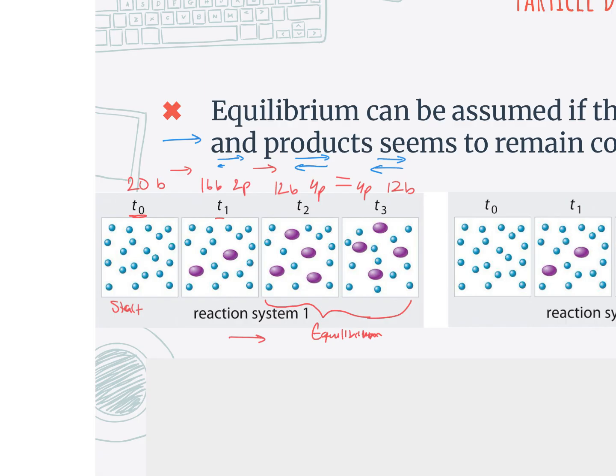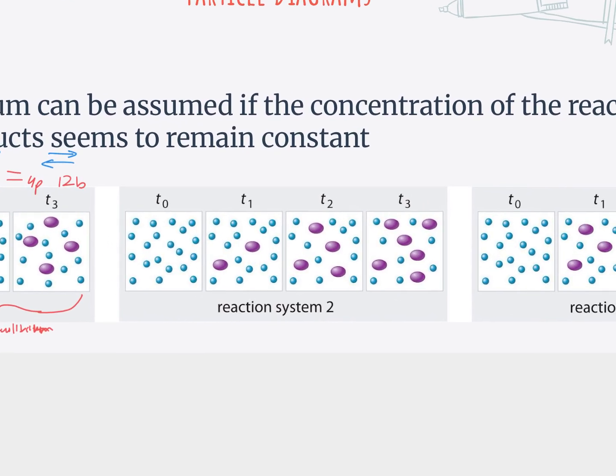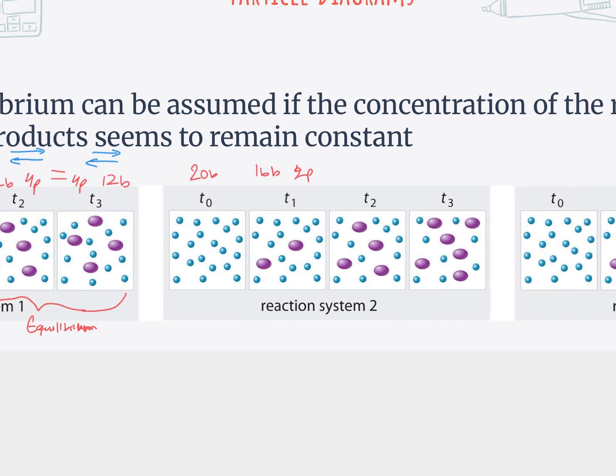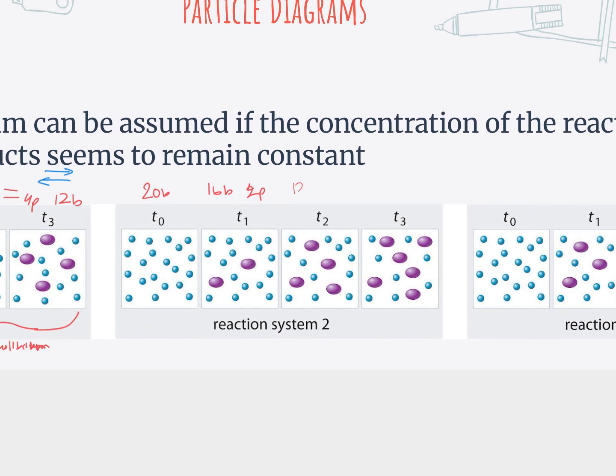If we look over at reaction system 2 here, again, at T0, we have 20 blue particles, and no purple particles. If we look over at T1, we have 16 blue particles, and we have 2 purple particles. If we look over at T2, we have 12 blue, and we have 4 purple.